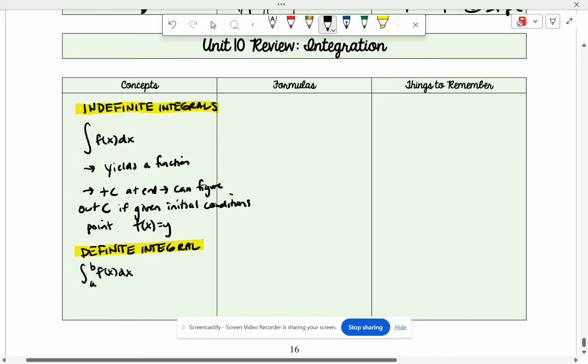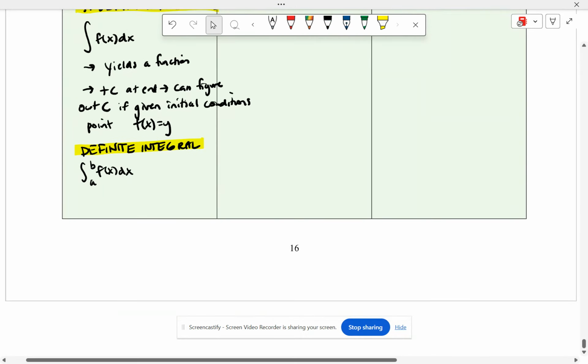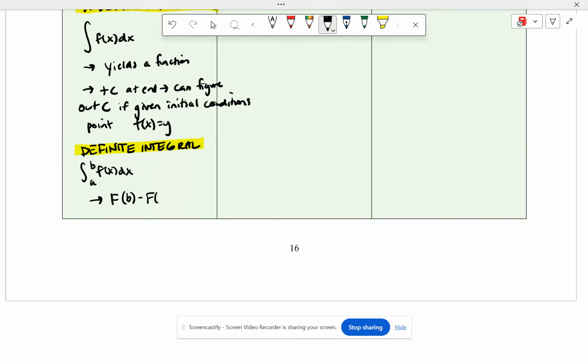What does your answer in a definite integral look like? It's a number, right? So you would get the original function evaluated at the upper limit minus the original function evaluated at the lower limit, and your answer will be a number with no c.